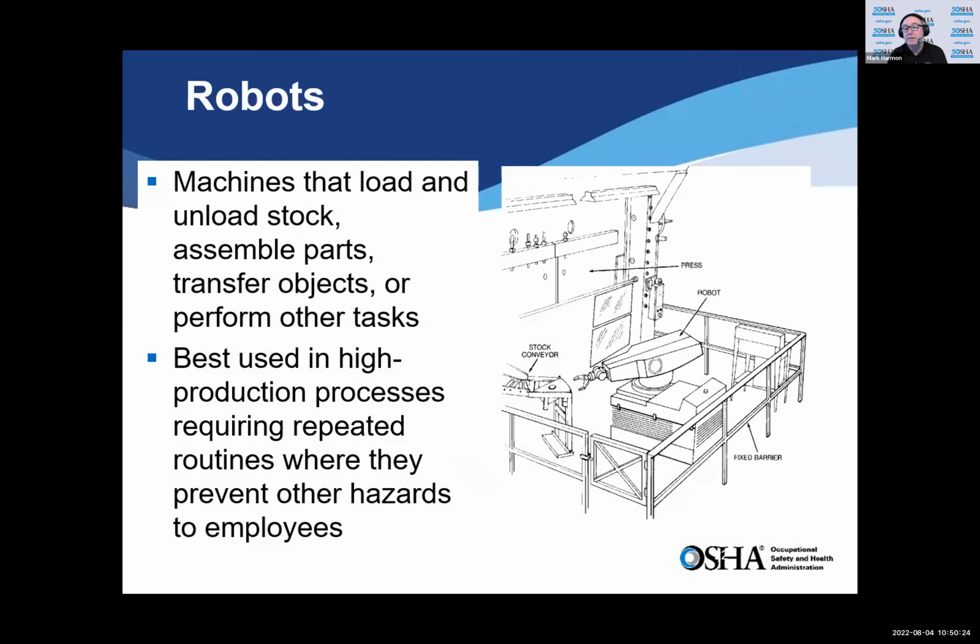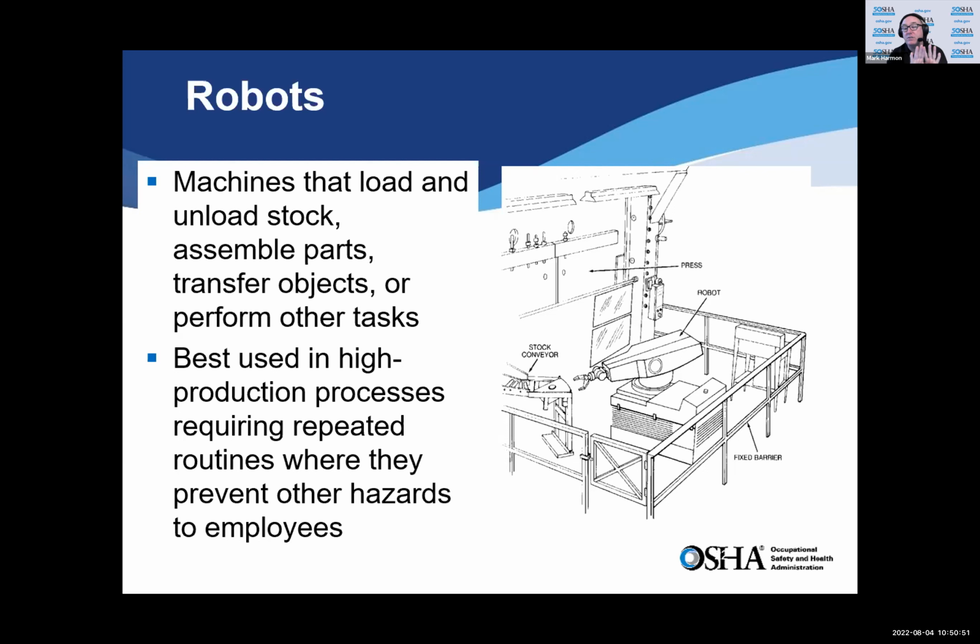A robot, again, we see more and more of these in factories and production areas now. So robots have very specific guarding requirements. I would say the machines that load and unload stock can be best used in high production processes requiring repeated routines where they prevent other hazards to employees.